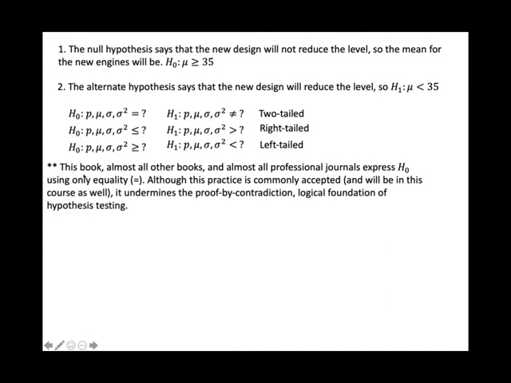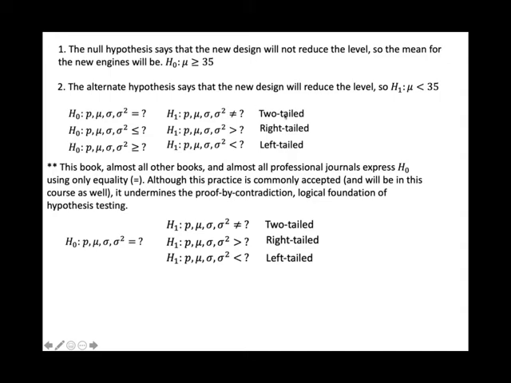These books, almost all other books and almost all professional journals express the null hypothesis using only equality. It means if you are reading other statistics books or professional journals working on hypothesis testing, you only see that the null hypothesis is always equal. They don't have a less than or equal to or greater than or equal to. But for the alternate hypothesis, it looks exactly the same as ours: not equal to, greater than, or strictly less than.